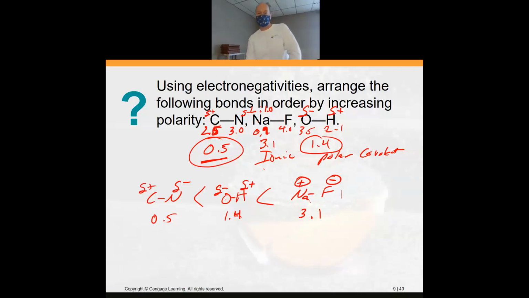You can write it CN, you can write it NC, it doesn't matter. But the delta minus always goes on the higher electronegativity. If you are ionic, then you get a full plus and minus. This delta means partial, so that is a partial minus and a partial plus, not a full plus and minus.